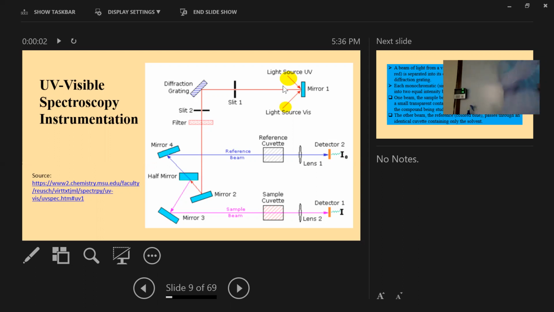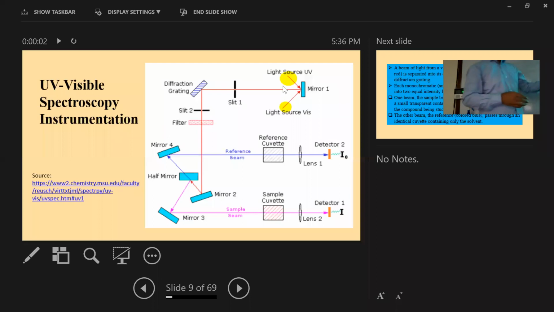Here we have to use separate light sources, because neither the UV source nor the visible source can give very intense light for this instrument. If we want to perform the analysis from 200 nanometers to 800 or 1000 nanometers, we have to use two different light sources.